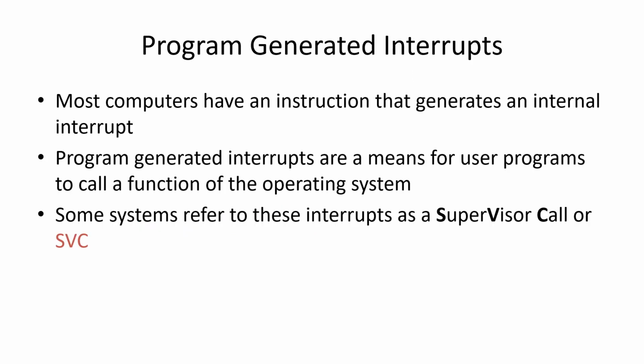Program-generated interrupts are done intentionally. That's when a program executes an interrupt type instruction that causes an interrupt to occur. These are done to request the operating system to do something on behalf of the user program. Sometimes these are called interrupts and sometimes they're called supervisor calls or SVCs.